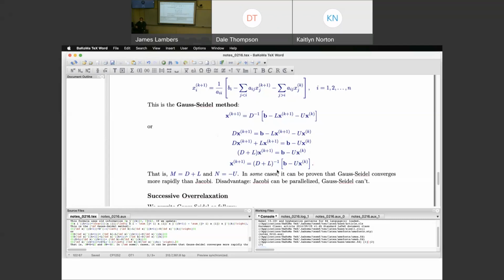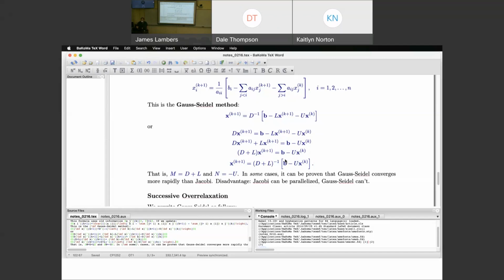Now, which method is better? It's not so clear-cut. There are certain situations where it can be proven Gauss-Seidel converges far more rapidly than Jacobi, but that's not true in general.